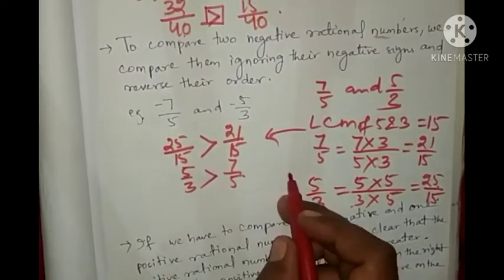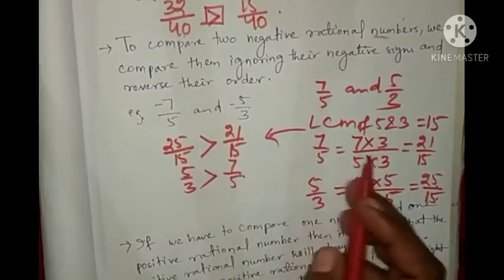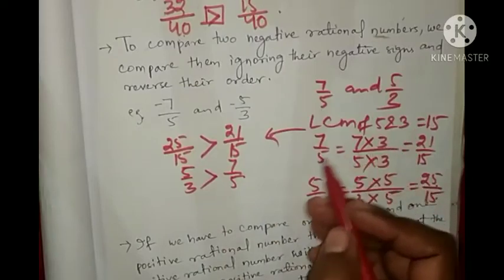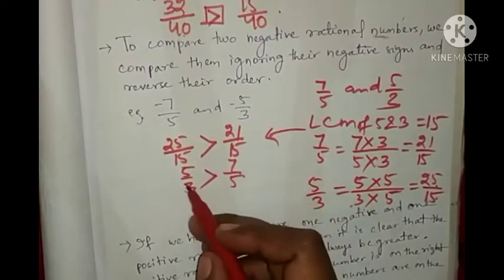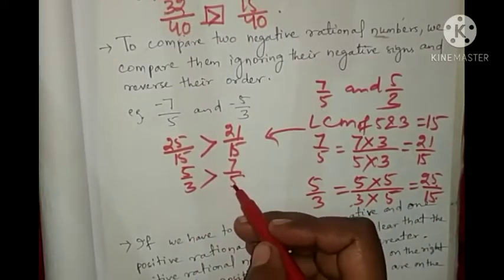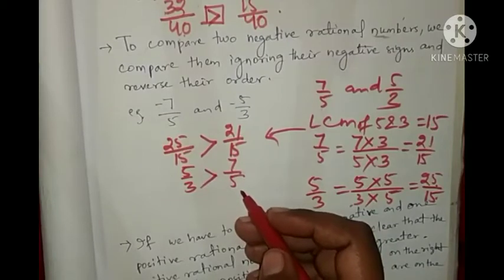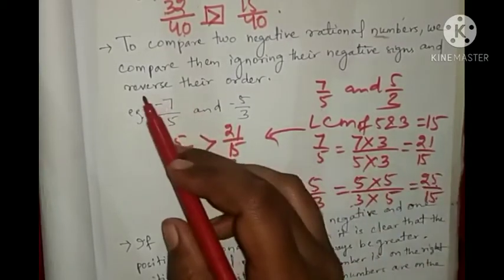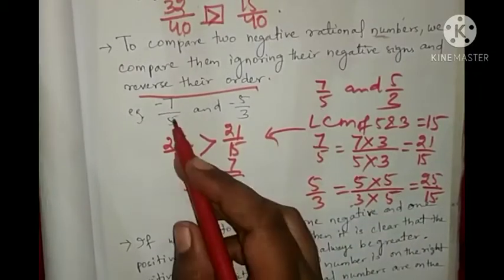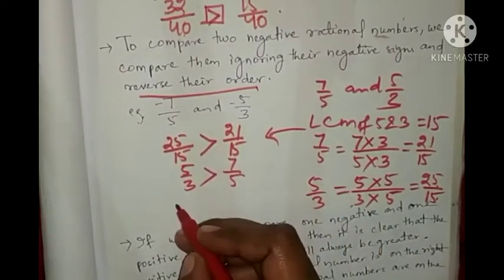Now we have found, ignoring the negative signs, that 5/3 is greater than 7/5. But then what will we do? We'll reverse their order, when we write -7/5.